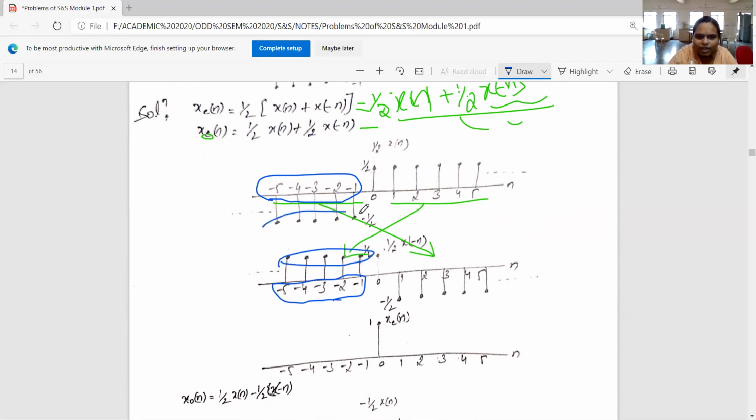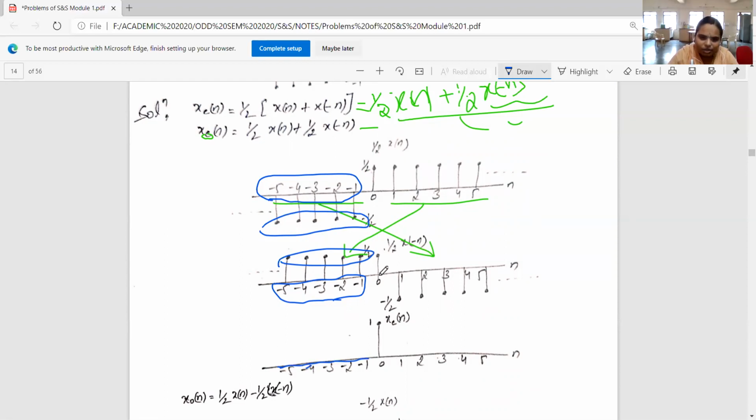Here -1 by 2, here +1 by 2. If I add both the signals, I will get 0 only. For that reason, from -5 to -1 it will be 0 only, meaning you will not get any samples.